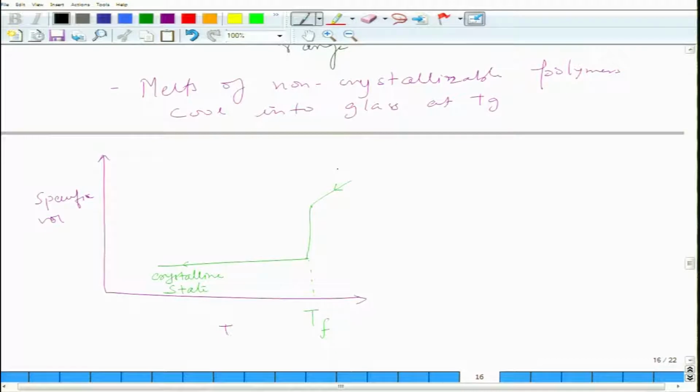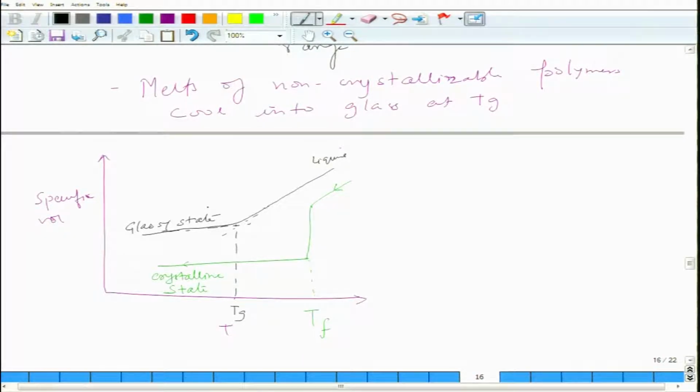It may have behavior like this. So this is, let's say, liquid, and you are quenching it and reducing the temperature, and at this point it can change the slope. This change in the slope is indicative of the glass temperature, and this is nothing but the glassy state.